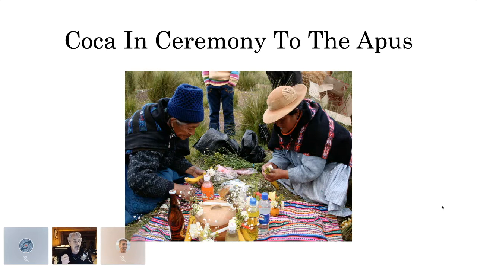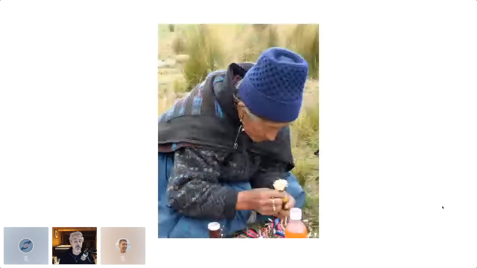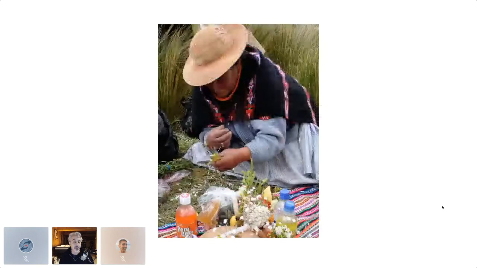They're selecting flower blossoms, candles, candies, soda. You see here, Dona Sofia is concentrating on a flower, sending good energy into that flower. That flower will then go into the ceremonial hole where they're placing other objects. Here, Dona Lucy is doing the same thing.